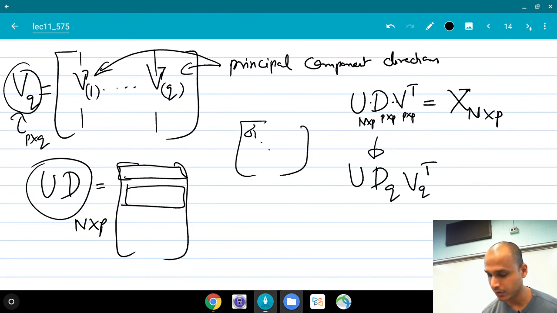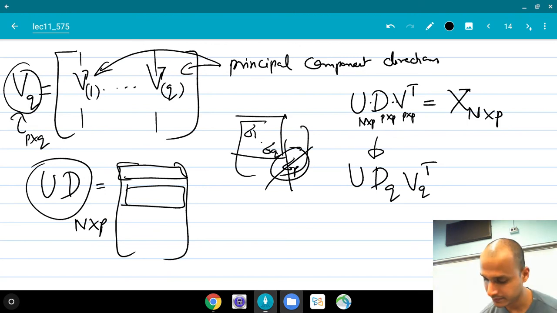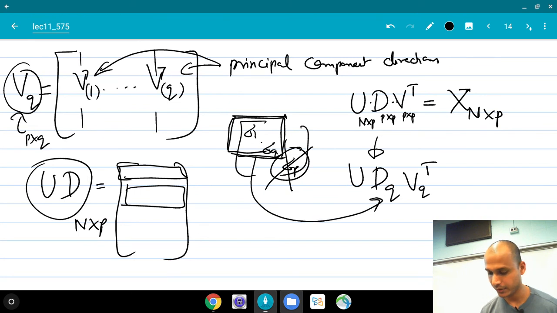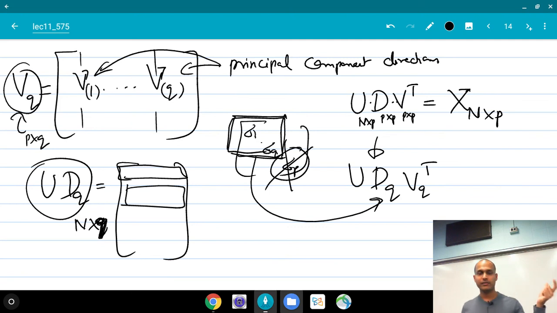Then going from D, I had all the sigma 1 to sigma p. Drop these sigmas. So think of a smaller diagonal matrix. Let me call that DQ, which is Q cross Q. So there are n observations, each one is Q length. For the first observation there is a Q length vector, that's called the principal components.